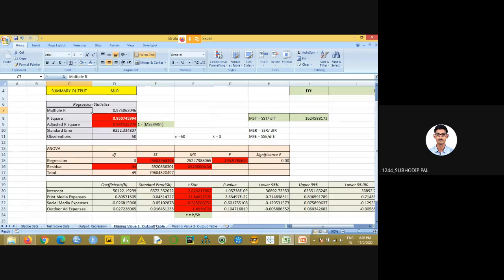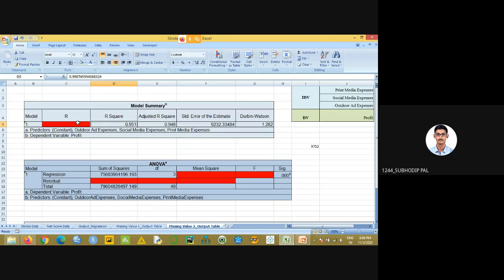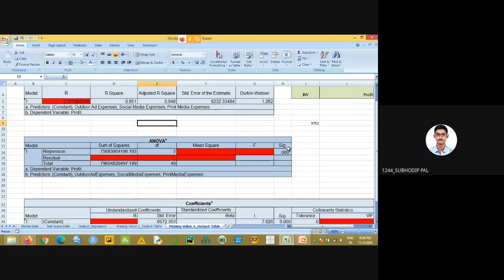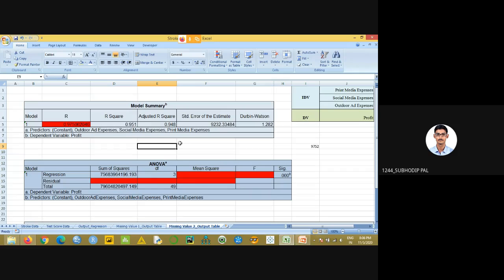So while calculating R square from R, we simply square this term multiple R. Now I know R square and I want to calculate R, so R will be the square root of this one, raised to half. 0.9750 is the value. Everyone got it, I guess.